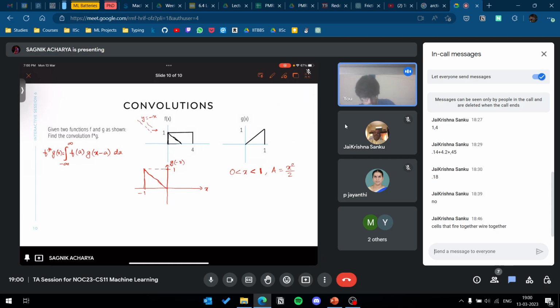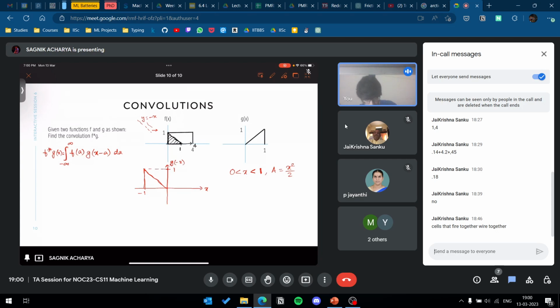We have this situation where the triangle is fully inside the square, right? This happens from x equal to 1 until x is equal to 4, when the triangle is fully inside the rectangle. So the overlapping area is just the area of this triangle.